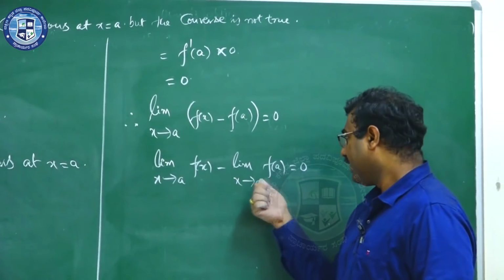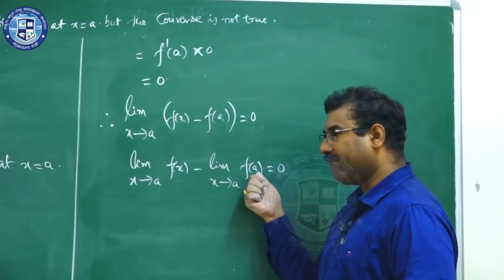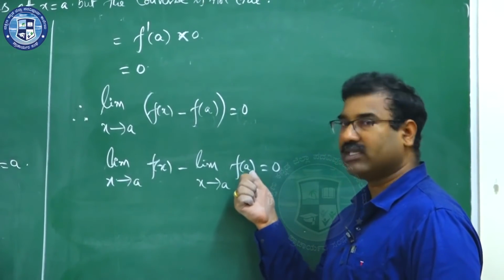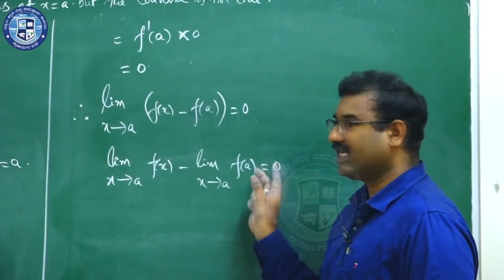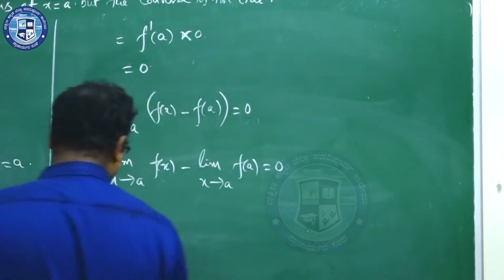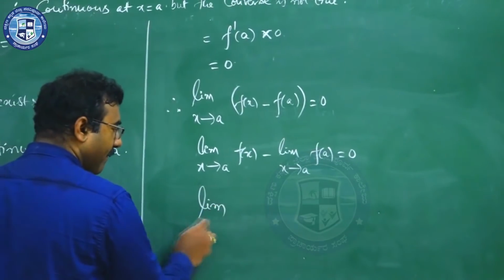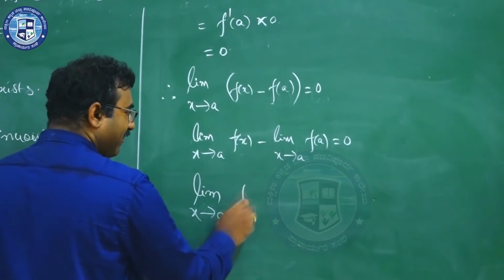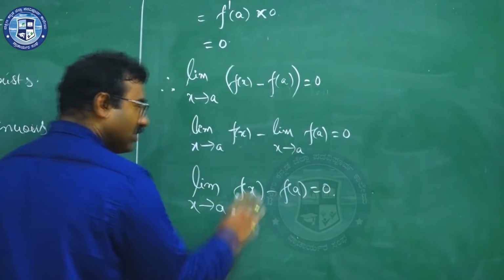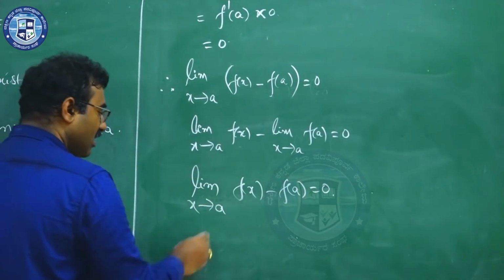Now limit x tends to a of f(a): f(a) is a fixed value, it won't change. That means it remains f(a) only in this place. So we got limit x tends to a of f(x) minus f(a) is equal to 0. So take this minus f(a) to the other side.